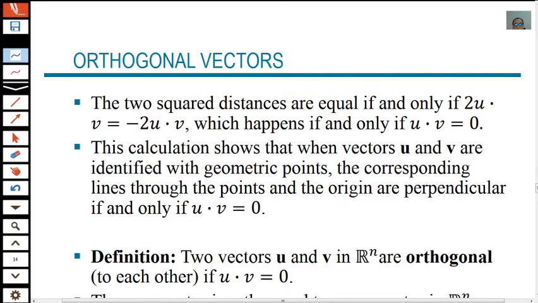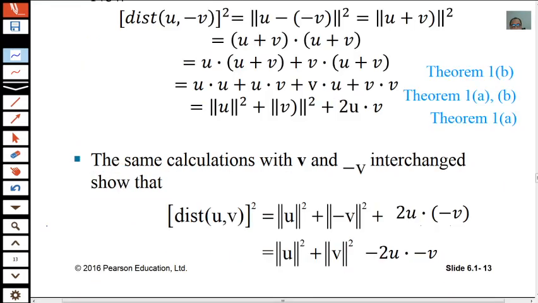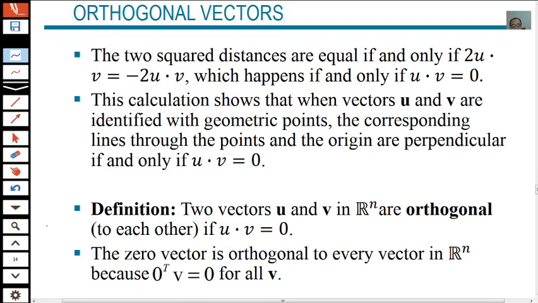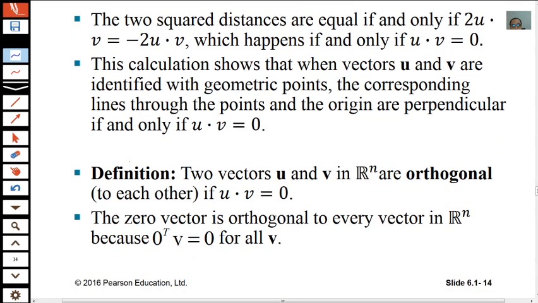And now we will see the orthogonality of two vectors. Two vectors u and v in Rn are orthogonal to each other if the dot product of them is equal to 0.